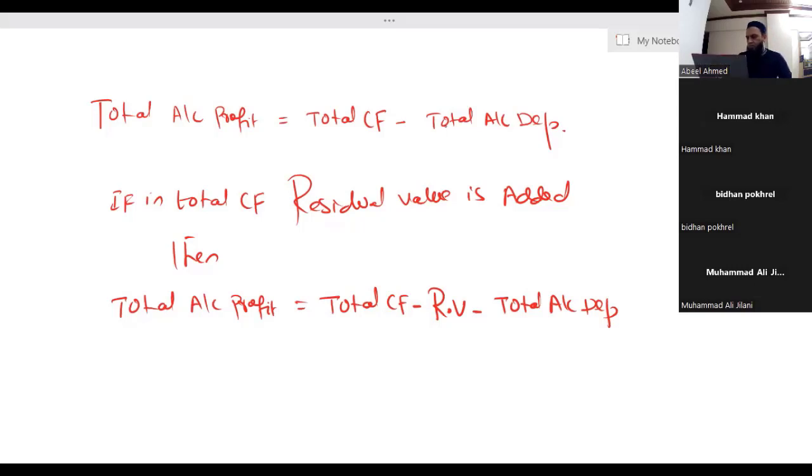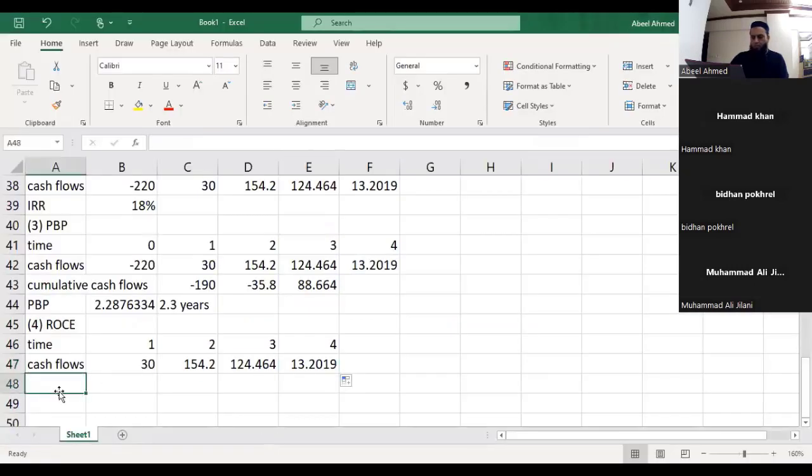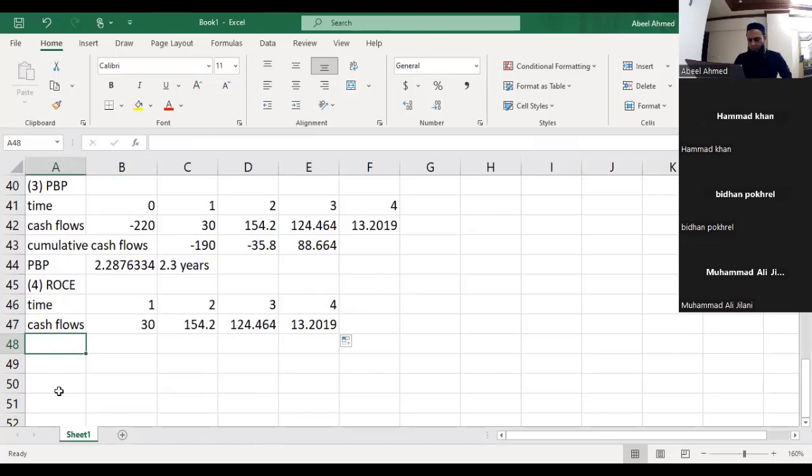let me go towards Excel. Total cash flows.